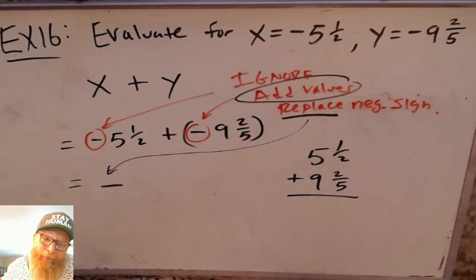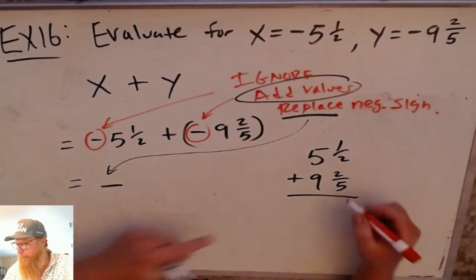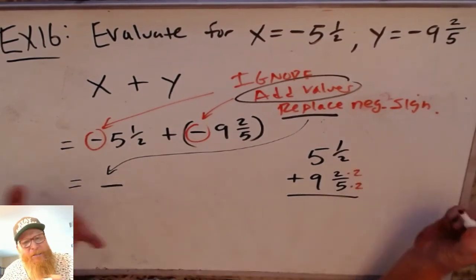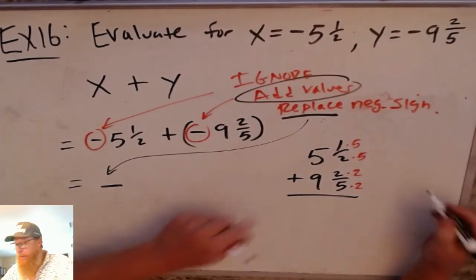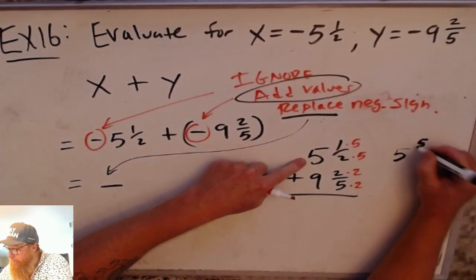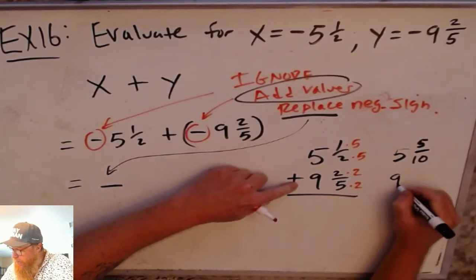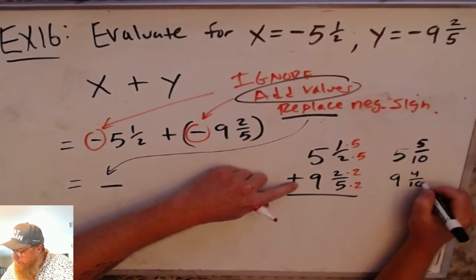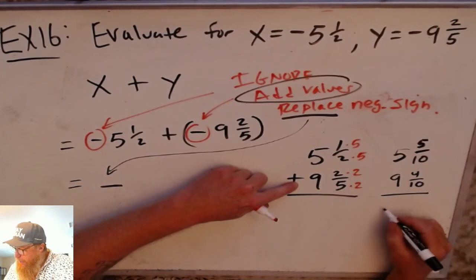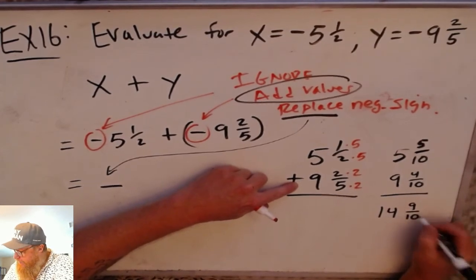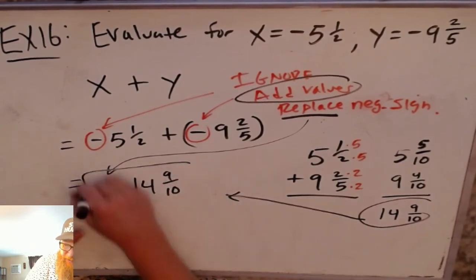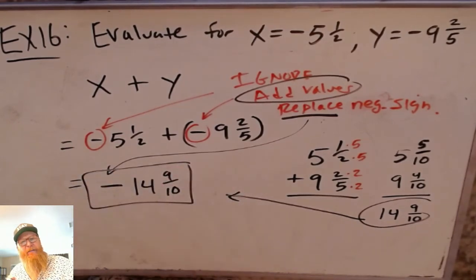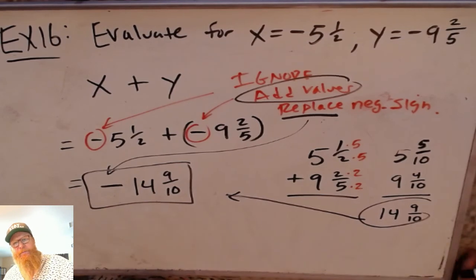I mean, I want you to get the right answer, but come on. I'm a person just like you. I got better things to do. So I got 5 5/10 plus 9 4/10. So that's 14 9/10. And then bring the negative over here, and you get negative 14 and 9/10.